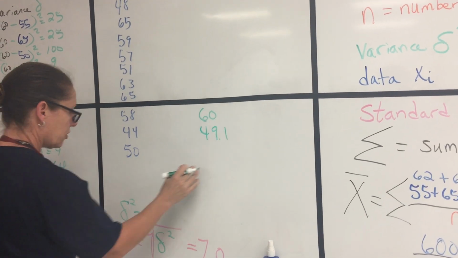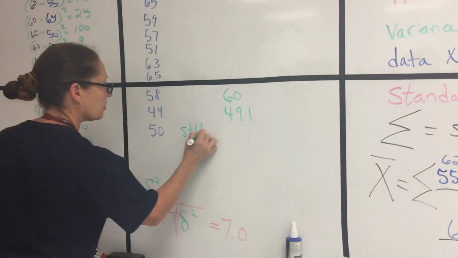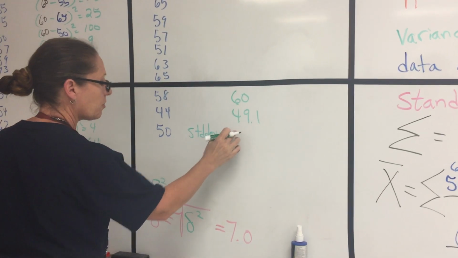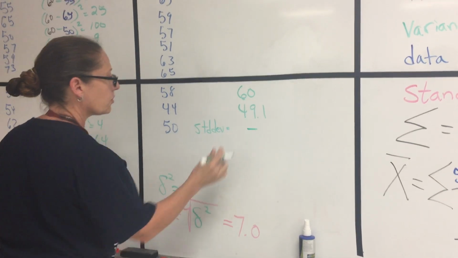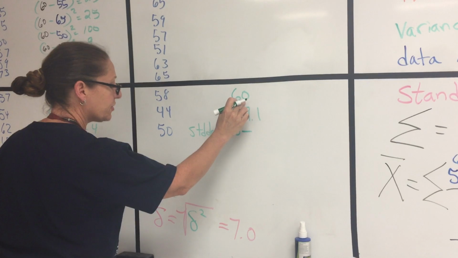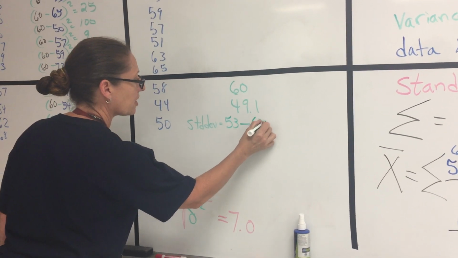Now we're going to do our standard deviations. Our first standard deviation is going to be 60 minus 7.0. So 60 minus 7.0 equals 53. And then 60 plus 7.0 is going to give you 67.